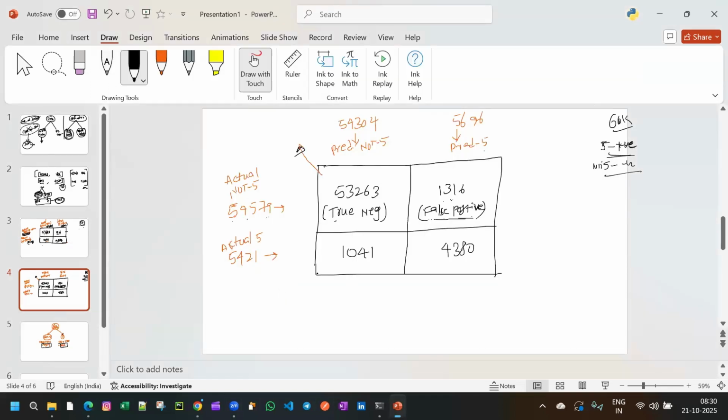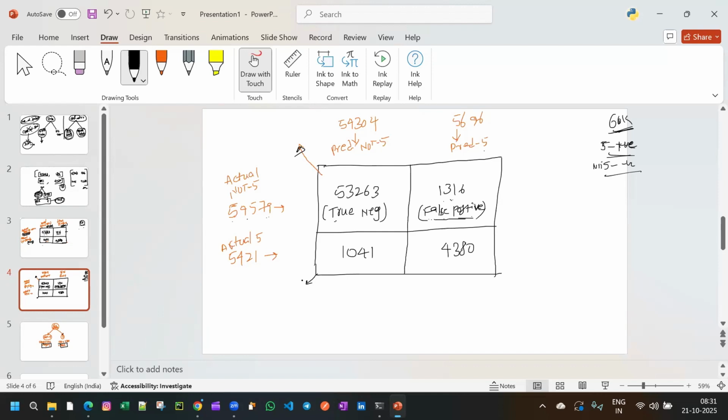Coming to the third one. Out of these 60K images, 5,421 images are actually 5 images, correct? But what prediction did my model make?